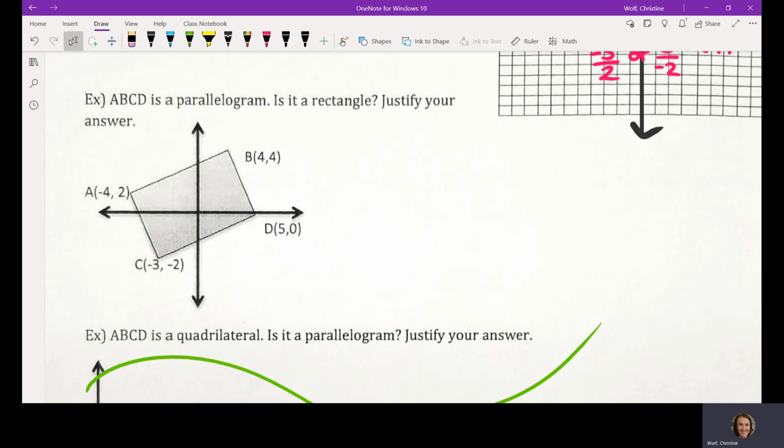Okay. So it says A, B, C, D is a parallelogram. A parallelogram is defined as a shape with 4 sides where the opposite sides are parallel. So those 2 sides will never touch, and same with those ones, they'll never touch. Parallelograms can look like 2 things.